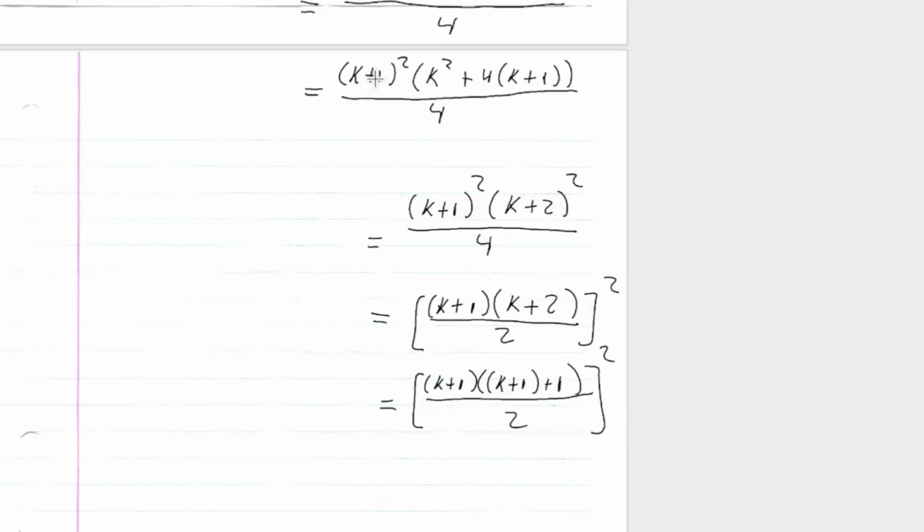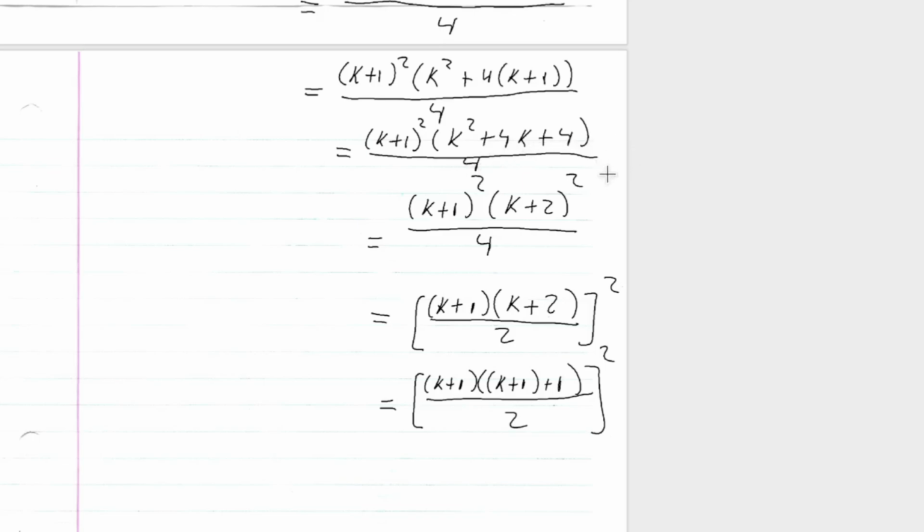So I have that k plus 1 squared. I've got to see if k squared plus 4 times k plus 1 is the same thing as k plus 2 squared. So this is k plus 1 squared times k squared plus 4k plus 4, and that's all over 4, right?